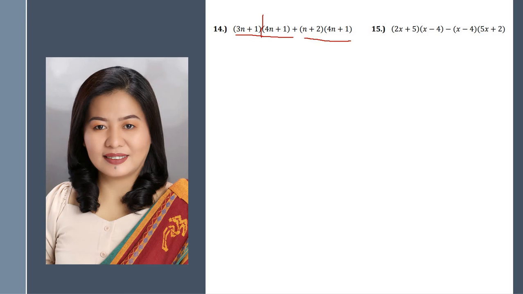I think it's better to do the highlighting. 4n plus 1 is the common factor, so we write it once, multiplied by 3n plus 1.